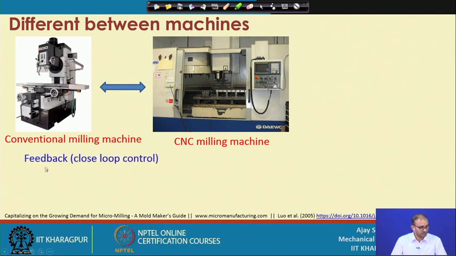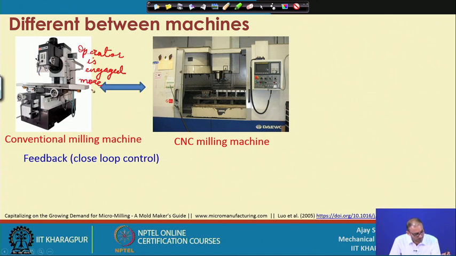So, here if you see this thing, one is the feedback and closed loop control. Here in the conventional machine, mostly the operator has more role on this particular machine. The operator is engaged more in the conventional machine, correct.